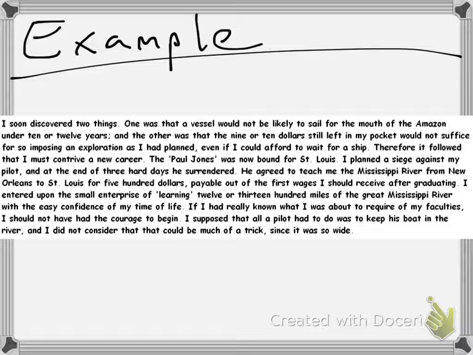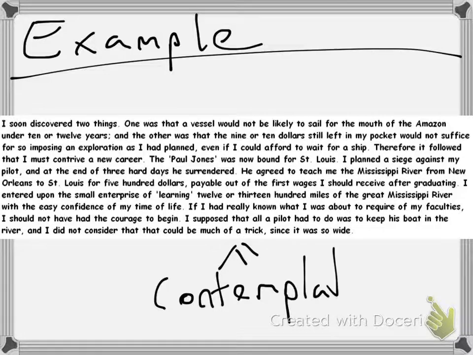I suppose that all a pilot had to do was to keep his boat in the river, and I did not consider that could be much of a trick, since it was so wide. So as you notice, in these last 2 sentences, he is contemplating this event in his life. If he would have known about this, he probably would have done it differently.